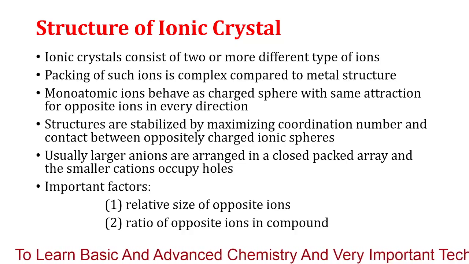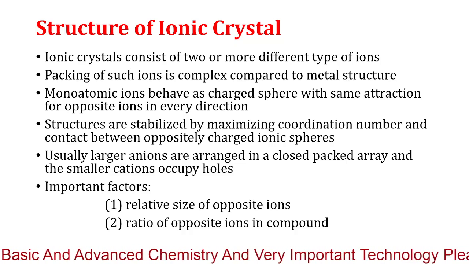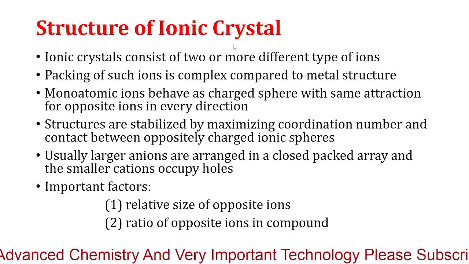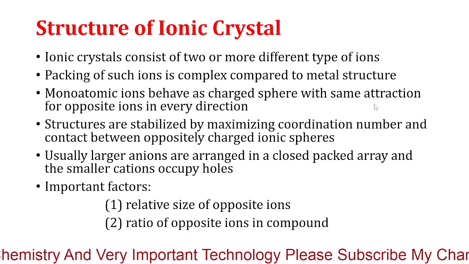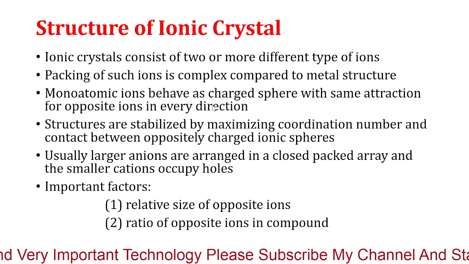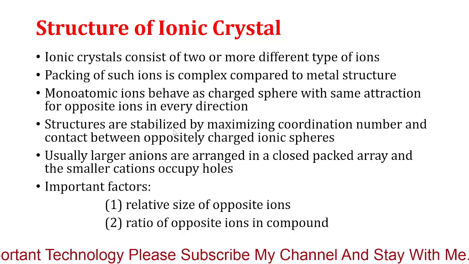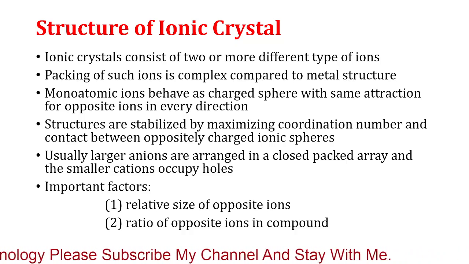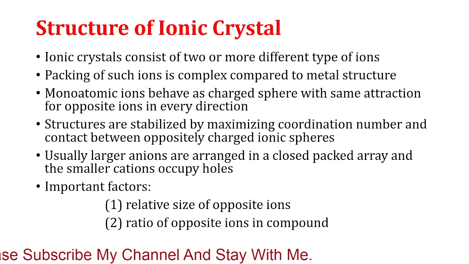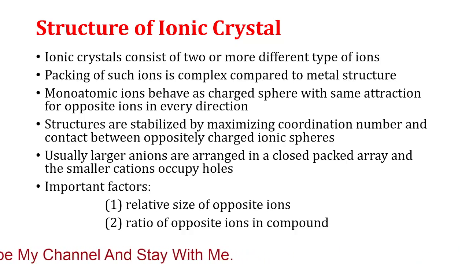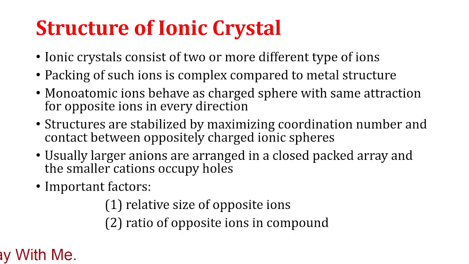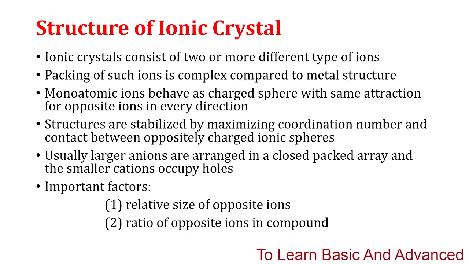Monoatomic ions, what we have mentioned, that means the metallic structure. Monoatomic ions behave as charged spheres with the same attraction for opposite ions in every direction. So if you have atoms of same size and same shape with same electronegativity or electropositivity, in that case everywhere all the atoms are of same shape and same size, so they will feel similar attraction everywhere.